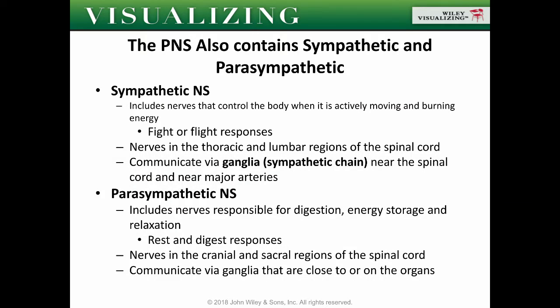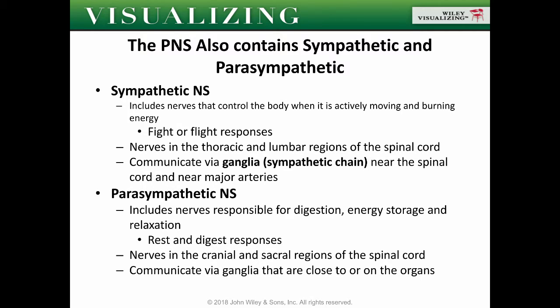And now looking at the peripheral nervous system, it also contains the sympathetic and the parasympathetic parts. The sympathetic nervous system includes nerves that control the body when it's actively moving and burning energy. So it's for the fight or flight responses.